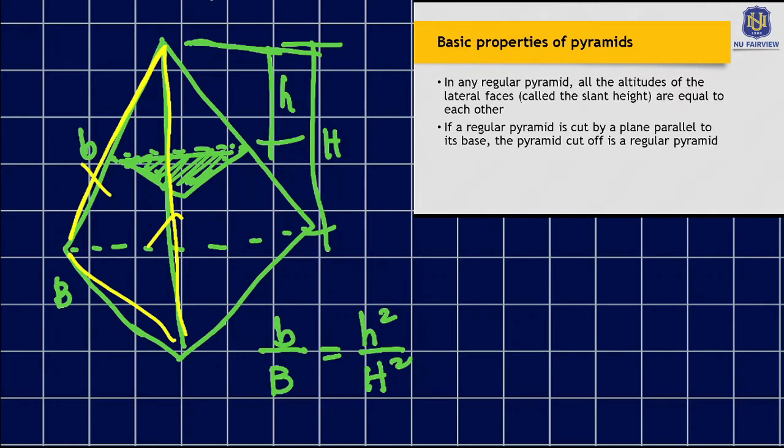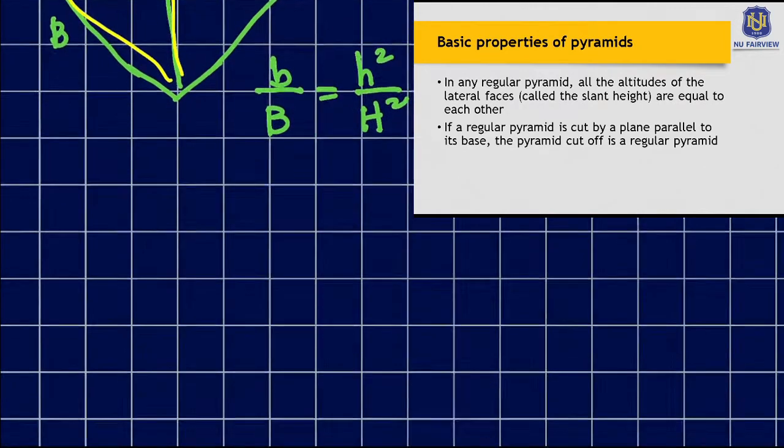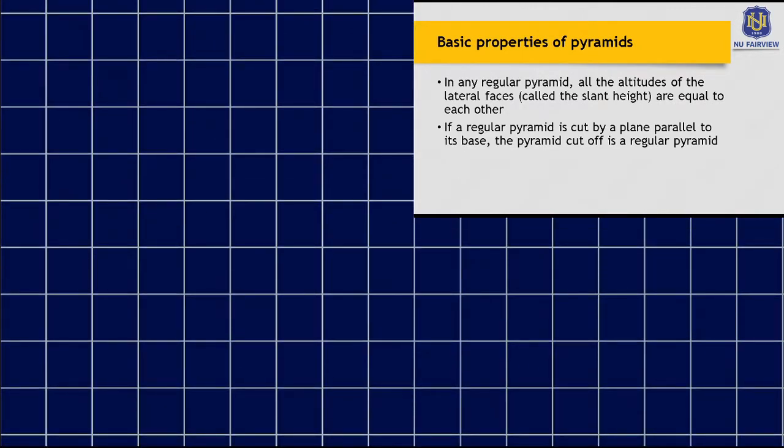Now, for our next property, in any regular pyramid, so we are still on the regular pyramid, all the altitudes of the lateral faces are equal to each other. So, the slant height, let's say we have here a rhombus.